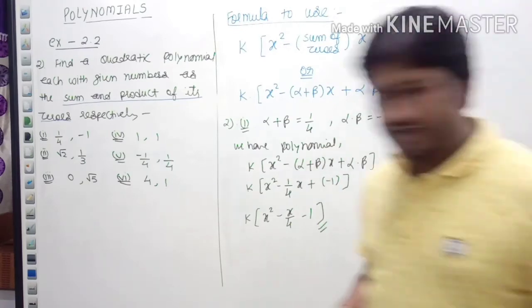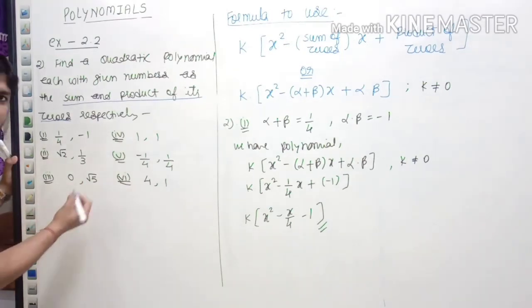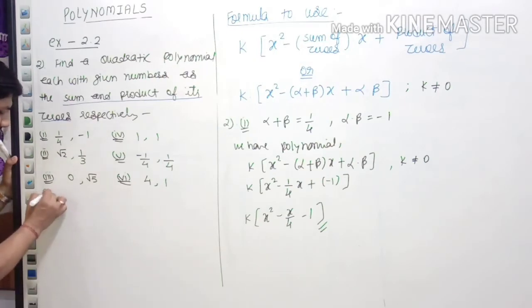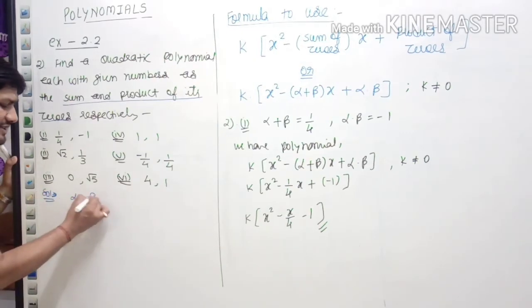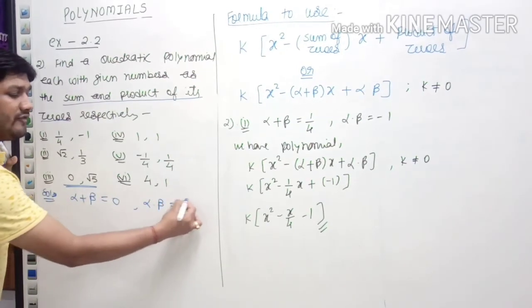One more question we can take. Suppose I take the third question. Here alpha plus beta is 0 and alpha into beta is root 5.